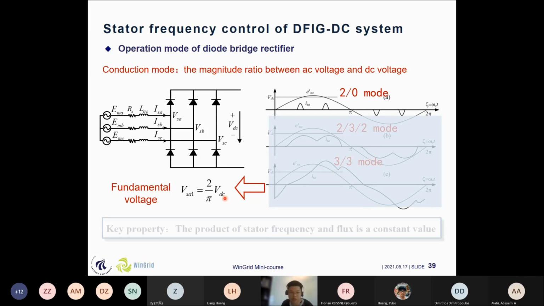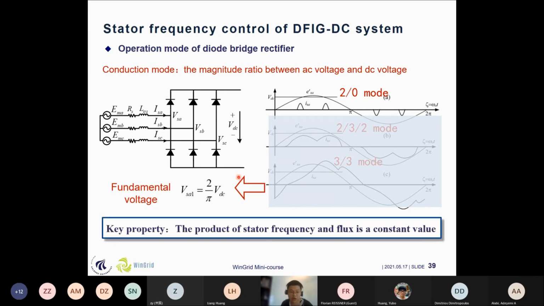This is a characteristic we should keep in mind, because the product of the stator frequency and the flux is equal to the fundamental voltage. So if the diode bridge always works in these two modes, we can guarantee that the product of the stator frequency and the flux is a constant value.